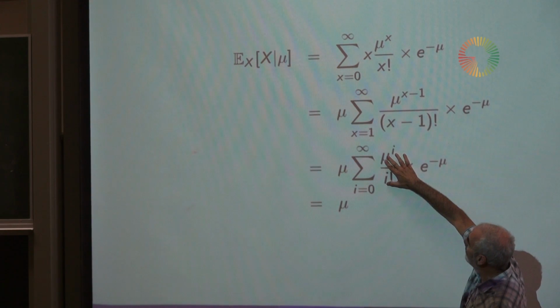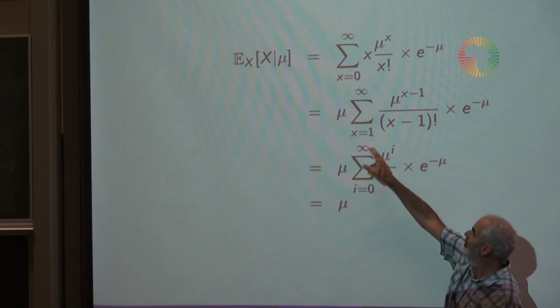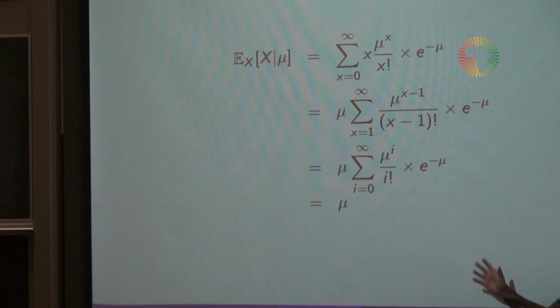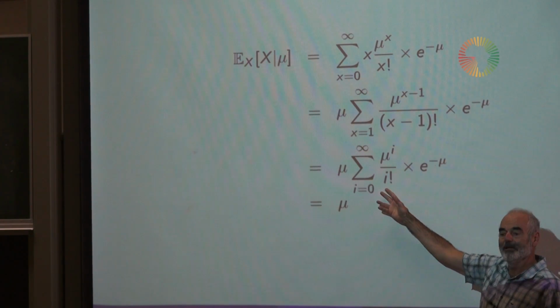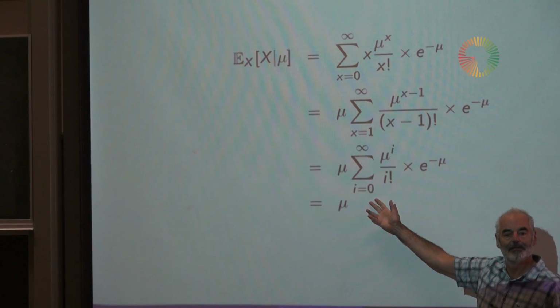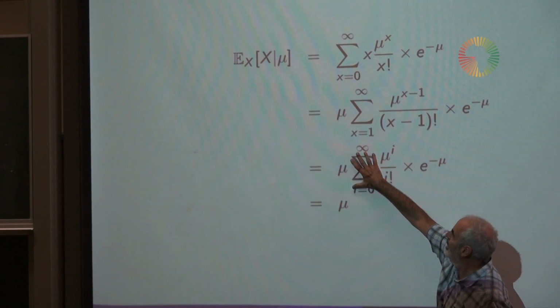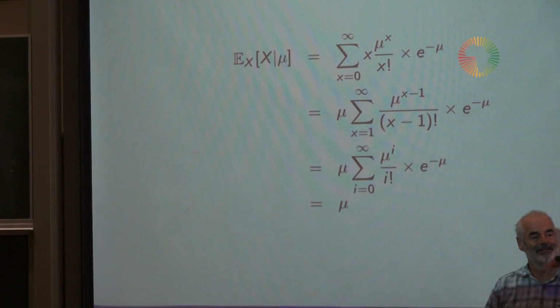That's an identity, because the infinity is still infinity. Now we see that's a Poisson distribution, so it adds to 1, because distributions add to 1. Isn't that cool? So that all goes out, and we're left with the mu.